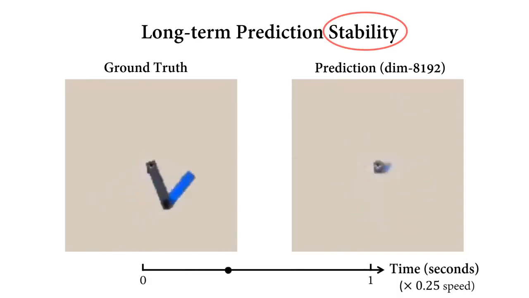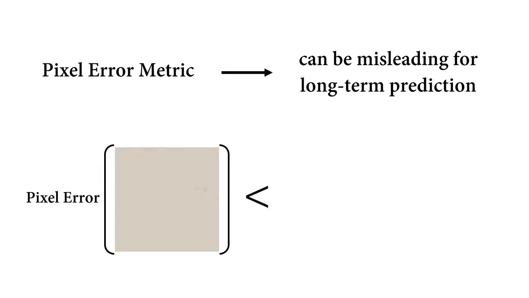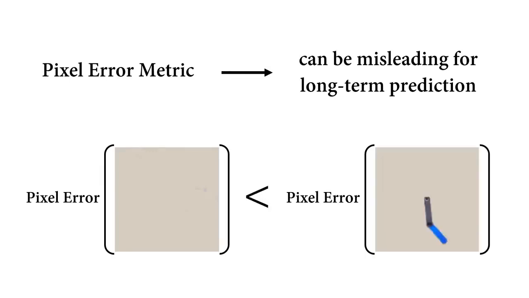But how can we quantitatively evaluate the stability? How do we define at which point the predicted image is so degraded that it does not count as a valid prediction at all? The simple pixel error metric can be misleading for the evaluation of long-term predictions. For example, pixel errors can be smaller for predictions with plain backgrounds than predictions with a slightly inaccurate but clear prediction.